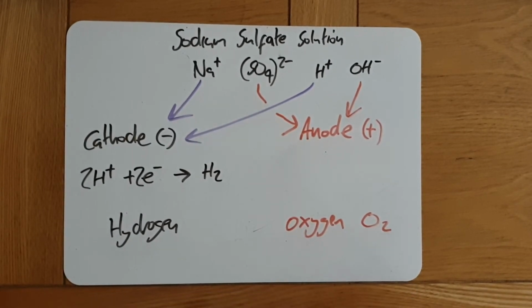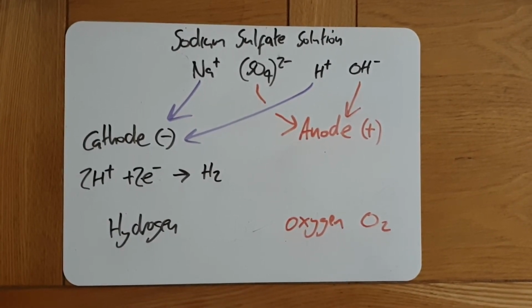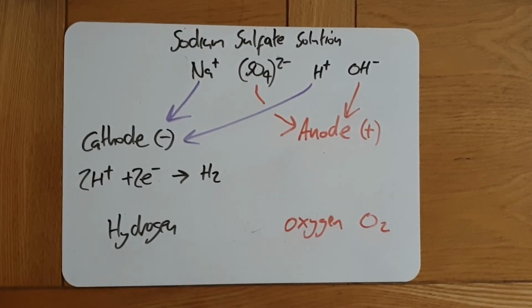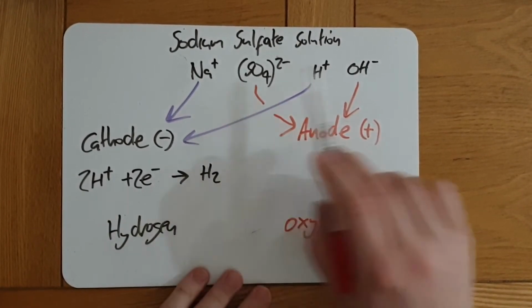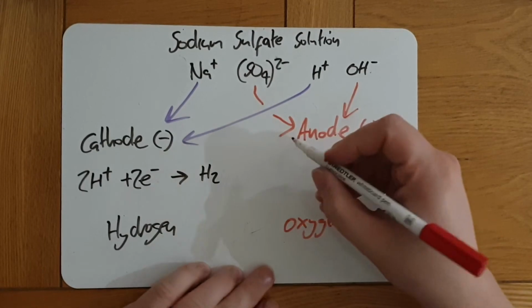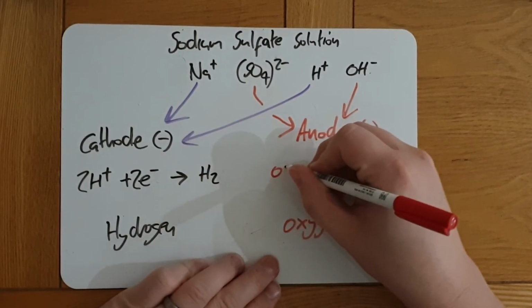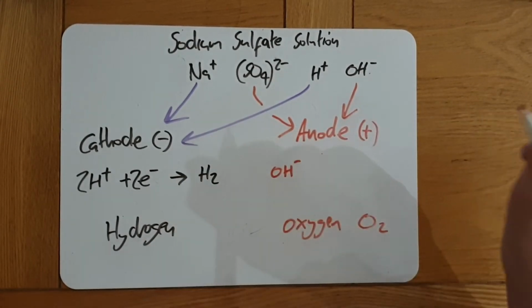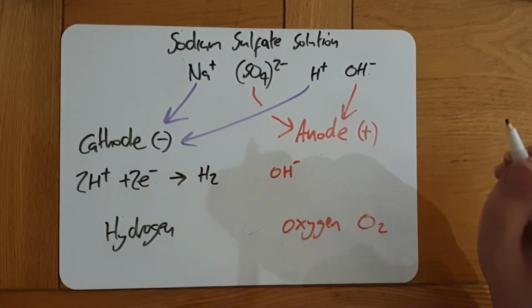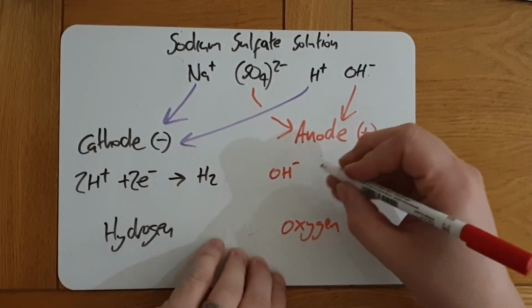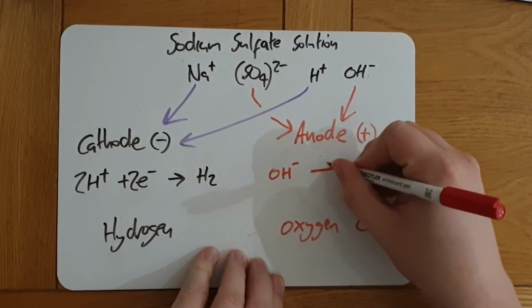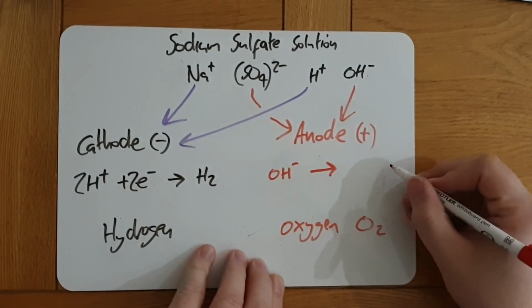So don't stress about the next 40 seconds. Try and follow along, but don't stress. Because instead of this making it, it's the OH that reacts. And so you get OH minus. And it's going to make oxygen, because I've already told you it's making oxygen.